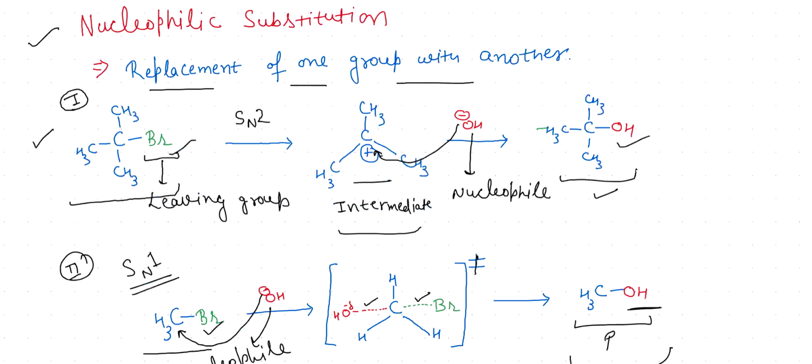Here, the reactant chosen is tertiary bromide. See, tertiary alkyl halide. This is primary alkyl halide. In elimination, we are also using primary alkyl halide. So how can we say which kind of reaction will undergo elimination and which nucleophilic substitution? So this is our main concern.